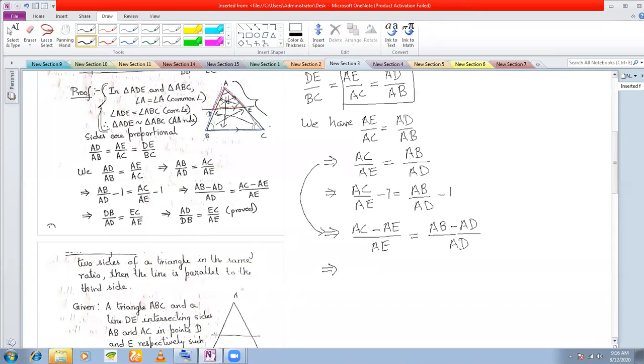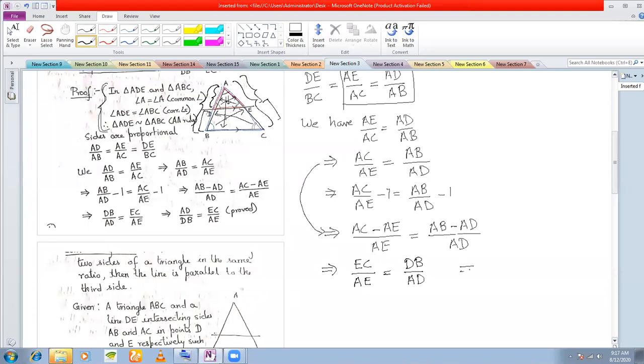This side AC minus this is EC. So this is your EC by AE. I write as it is equal to, now what is AB minus AD? AB minus AD is nothing but your DB. This is your DB by AD.